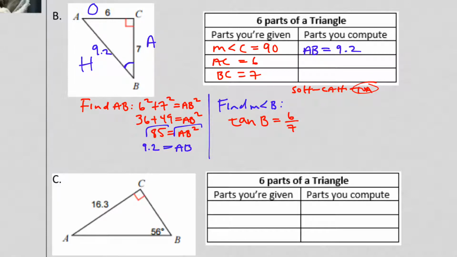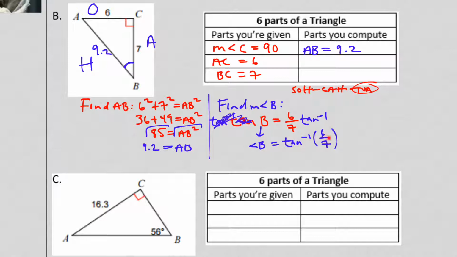And at this point, I can cancel tangent with the inverse of tangent. So I'll apply inverse tan to both sides. And so these cancel, and angle B comes out free and clear. That's going to equal the inverse tangent of 6/7.